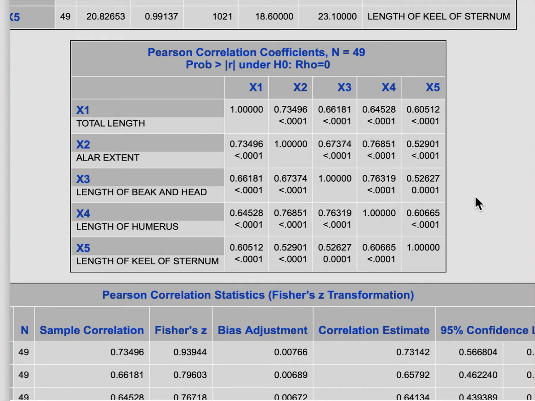So it allows us to perform all 10 tests in this case, and in general, all p times (p minus 1) over 2 tests at a specified significance level, for example, 5%. While these individual tests could be done at a 5% significance level individually, we can perform all 10 tests simultaneously at a significance level of 5% using this procedure that we're looking at currently.